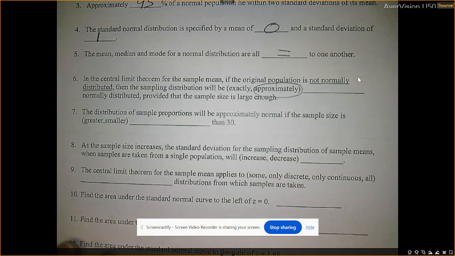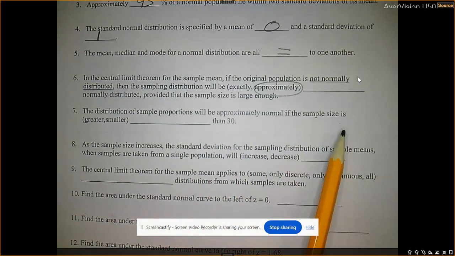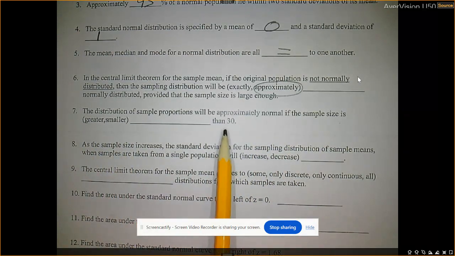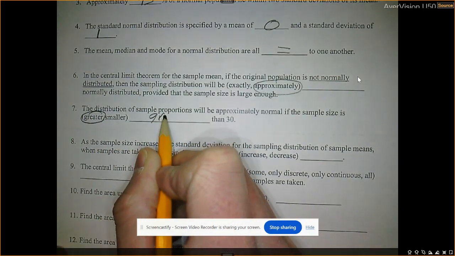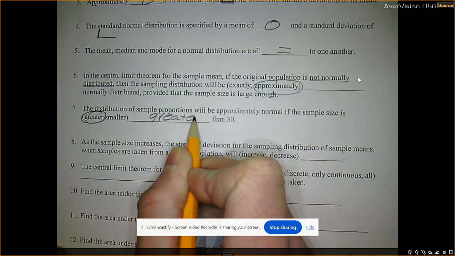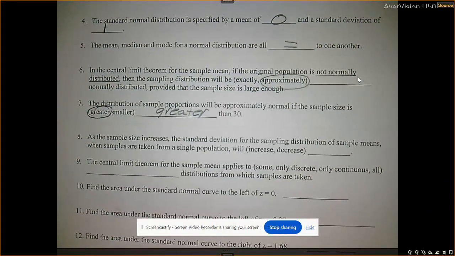Okay, the distribution. Wow, talking is hard this morning. Distribution of sample proportions will be approximately normal if the sample size is greater or smaller than 30. That's greater than, right? As we increase our sample size, the less spread out it gets and the more normal it gets, therefore. And that's kind of what 8 is talking about.